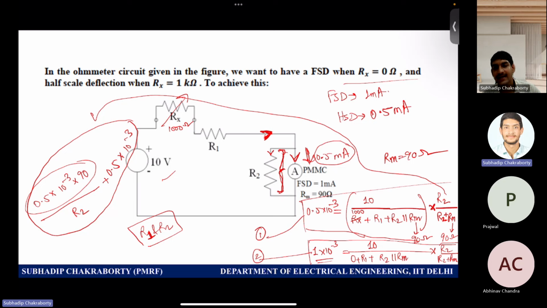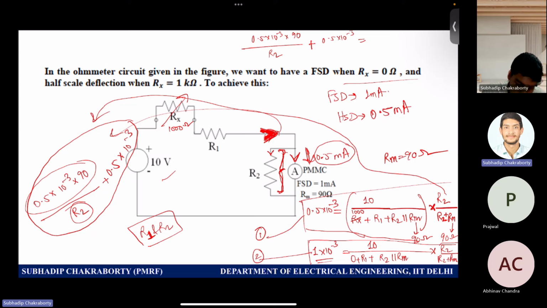So instead of applying the current division, you can just apply directly the current, because this current you can calculate. This current you can calculate as a sum of these two currents with a single variable R2. Effectively you can write this as 0.5 into 10 to the power minus 3 into 90 divided by R2, which is the voltage drop by R2 for this branch, plus this branch is having 0.5 into 10 to the power minus 3.